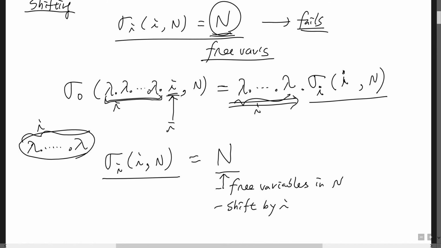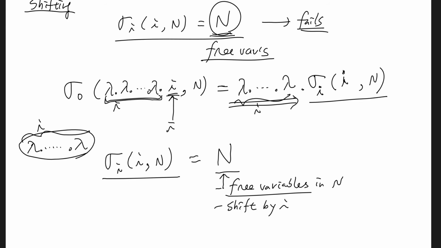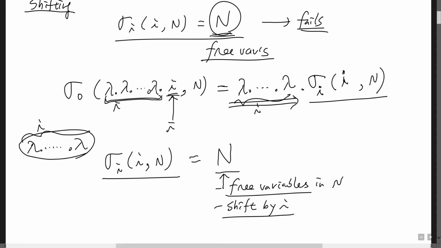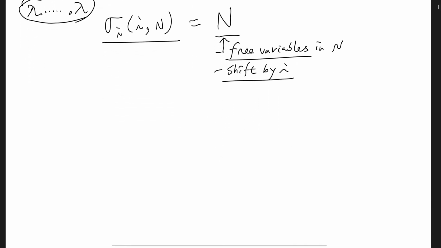So therefore, there should be some way to decide whether a given index denotes a free variable or not. And then if we find a free variable, an index that corresponds to a free variable, we are going to shift it by I, by adding I. So here's an example.